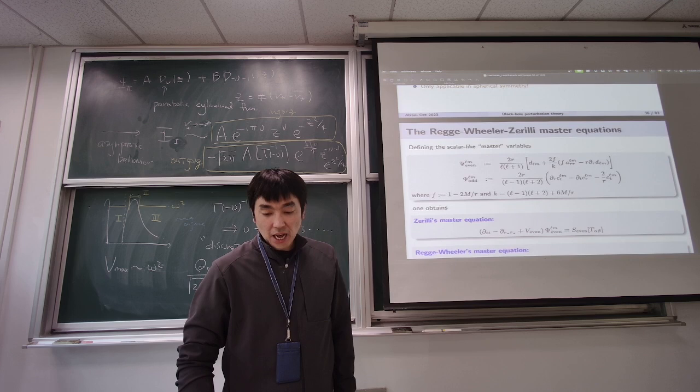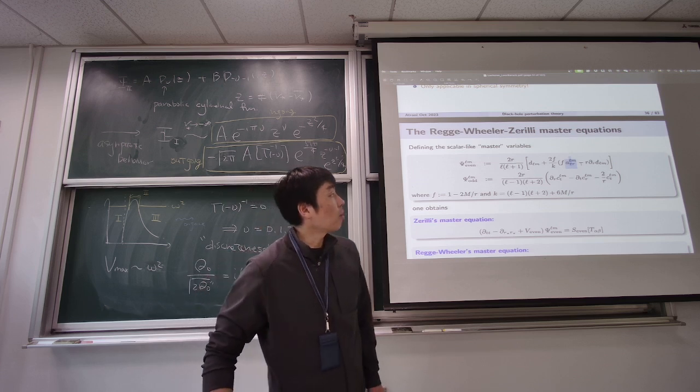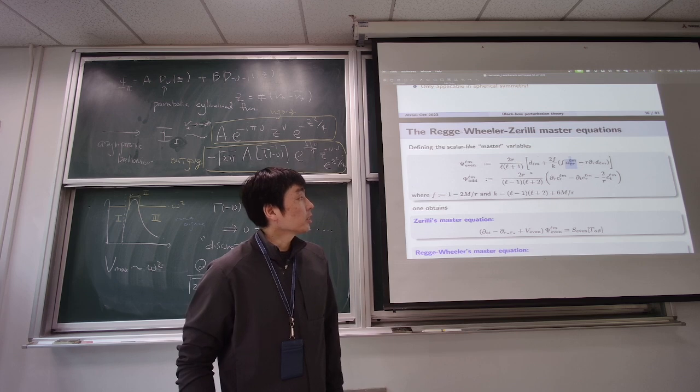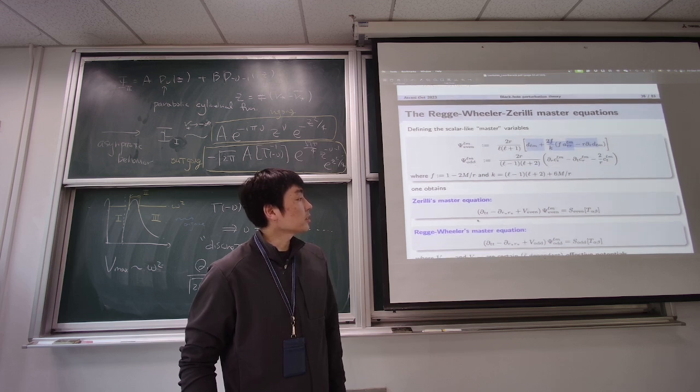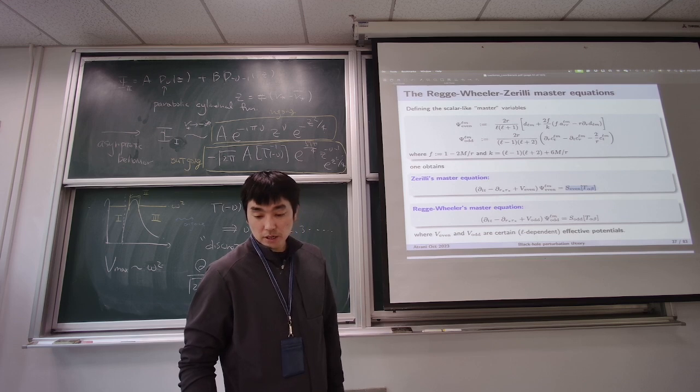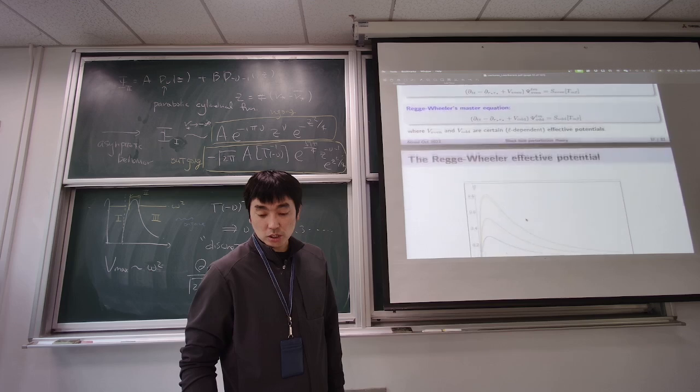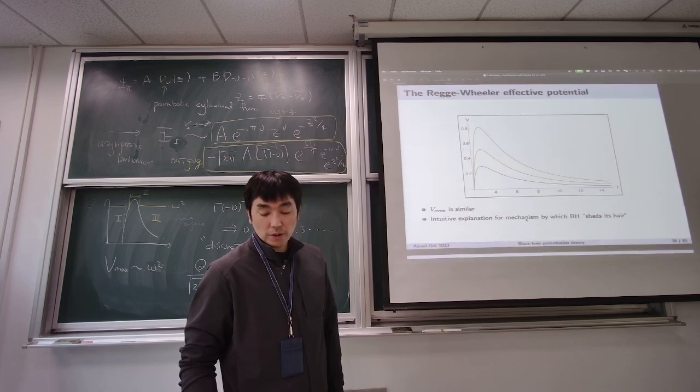The psi in the Regge-Wheeler-Zerilli equation is in terms of these modes of the perturbed metric. These modes, D and A, in combination give you this psi_lm, which satisfies the Regge-Wheeler-Zerilli equation this way. If it is vacuum, the right hand side is 0, but if you assume some matter is there, you can have a non-trivial stress energy tensor. And this is the form of the Regge-Wheeler effective potential.